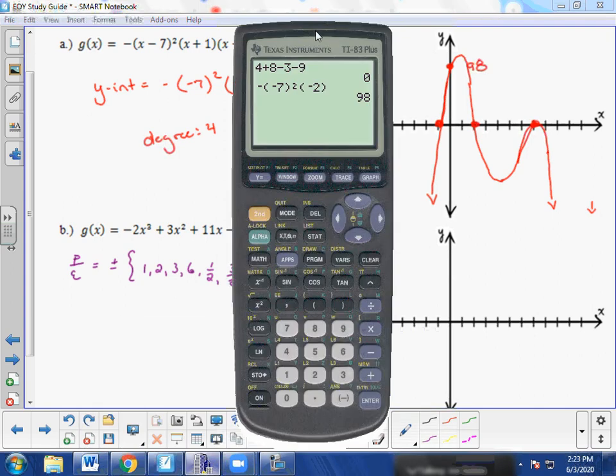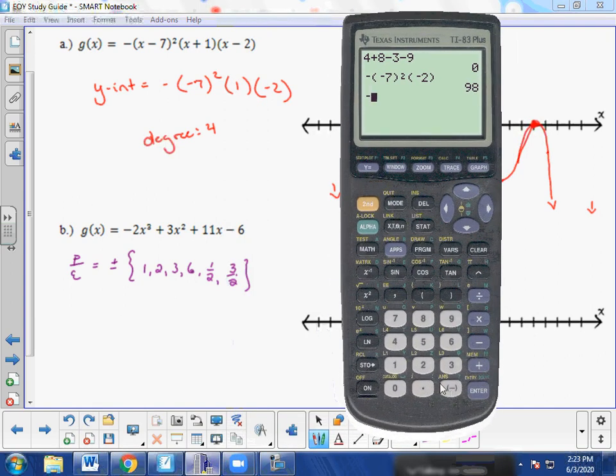I may check to see if 1 works by taking the coefficients and adding them together. That's not going to result in a 0, so that does not work.